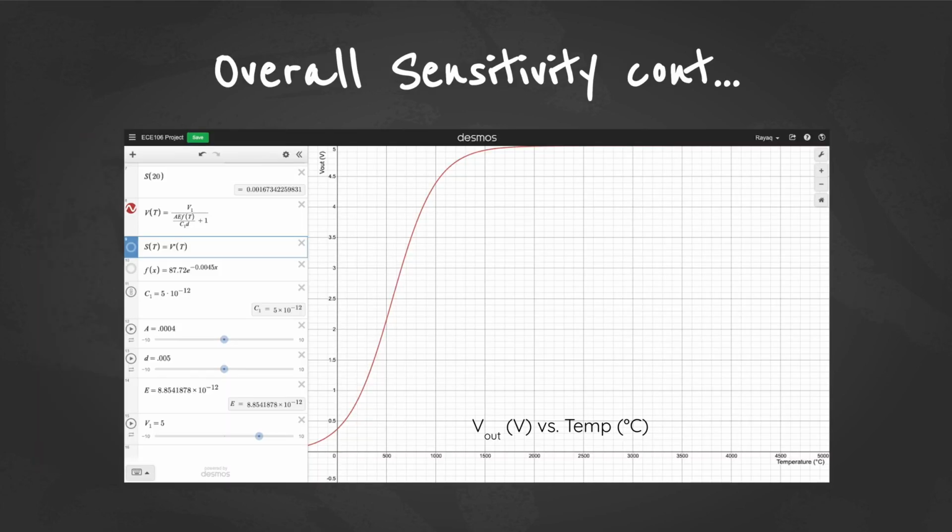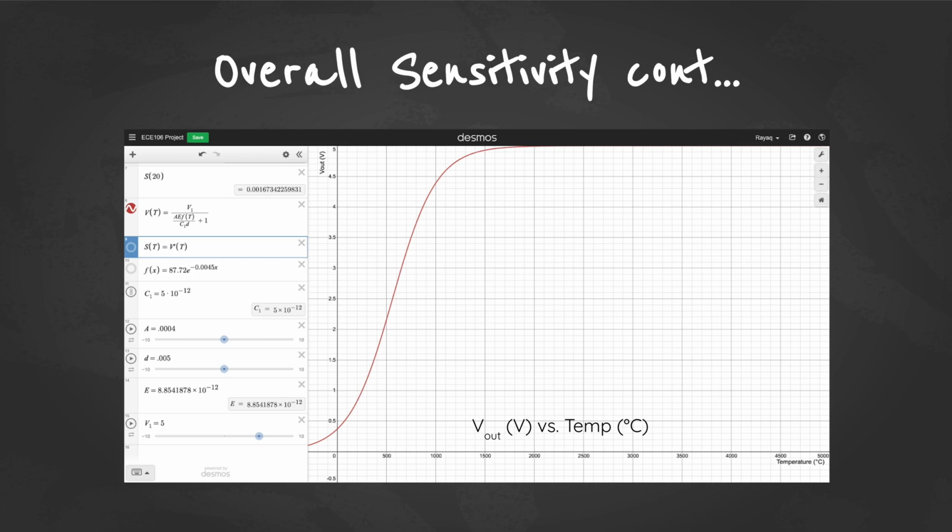Moving forward, we can graph our overall V out equation. We have not arrived at the overall sensitivity equation so far; we are currently just finding our V out with respect to temperature. As you can see, our V out equation has a very unique feature: it starts from a very low value around negative 300 degrees Celsius, and when it hits about 1500 to 22,000 degrees Celsius, we can see that it's asymptotically approaching the value of 5.